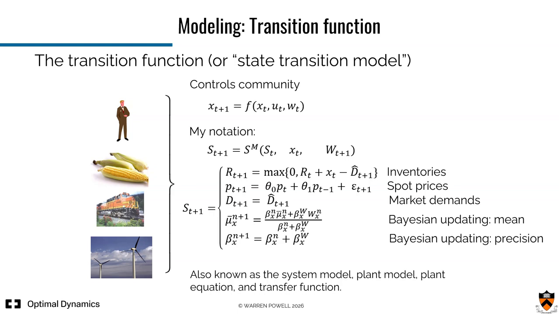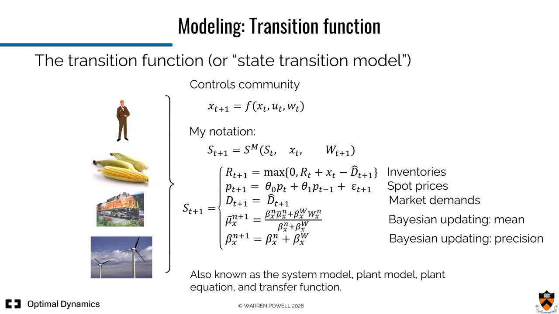So when I'm doing the state transition function, I didn't want to use up a whole letter, and in fact a very important letter, simply because people like to use F for many other things when modeling complex problems. So I use S superscript M. That's the notation I've adopted. It stands for State Transition Model. So that capital M is for model, and this evolves.